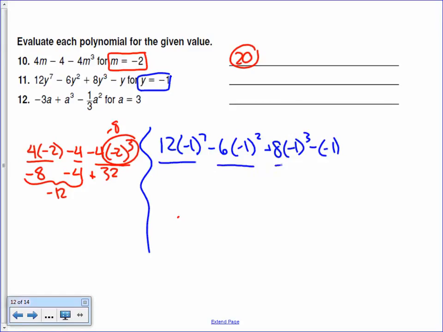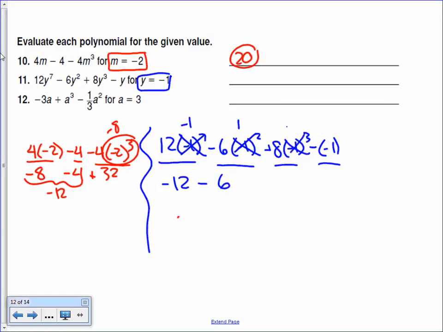Let's figure these guys out separately. So what's kind of neat about taking a negative 1 to a power is if the power is even, it's just going to be a positive 1, and if the power is odd, it's just going to be a negative 1. So 12 times negative 1 to the 7th, well, that's just 12 times negative 1, which is a negative 12. Negative 1 to the 2nd is just a positive 1, so this is going to be a negative 6.